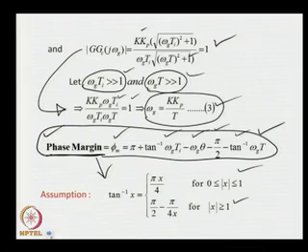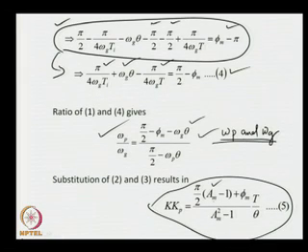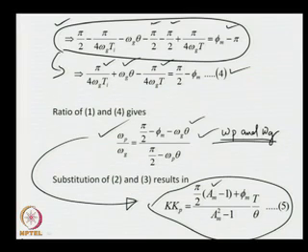So, using those two expressions, it is possible to find the expression for k k p as given over there. So, k k p equal to pi upon 2 times (a m minus 1 plus phi m) upon (a m square minus 1) times t upon theta.